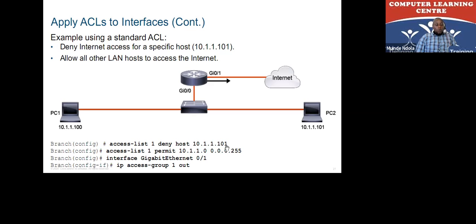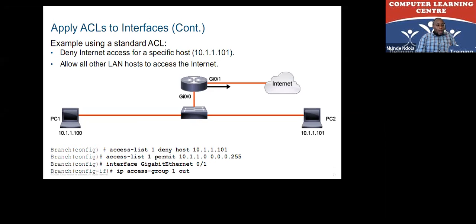In this case, we did not want to use access-list 1 permit any, because permit any means we are going to permit all other traffic. It's always good to be as specific as possible in your filters.